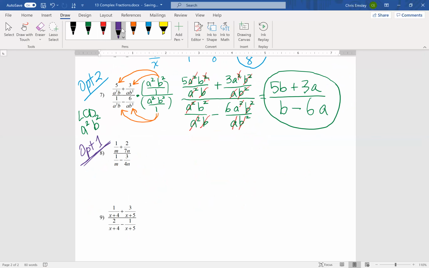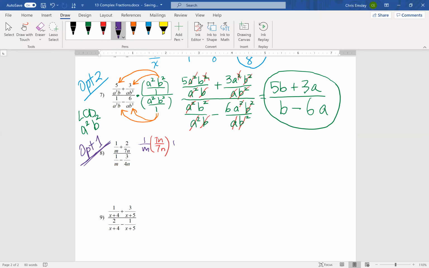Option 1 says take your numerator and do the arithmetic, turn that into a single fraction. So I don't need the LCD of all 4 of these fractions, I just need a common denominator up top. So I'm going to take that 1 over m and multiply it by 7n over 7n.